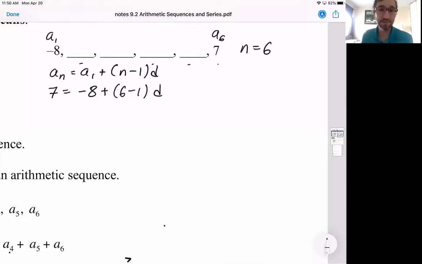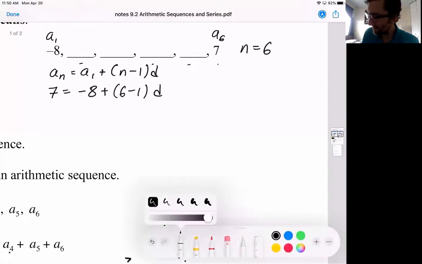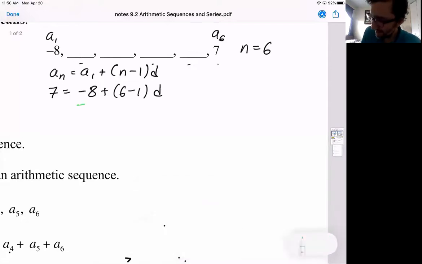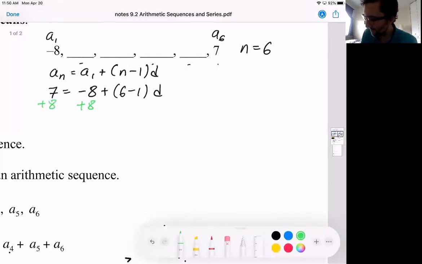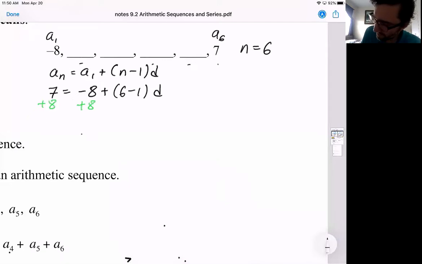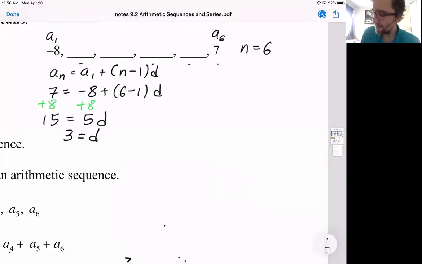Once we know the common difference, we can pretty quickly find the other terms. Okay, so solving, we'd add 8 to both sides. And then that would give us 15 equals 5 times d. So d equals 3.